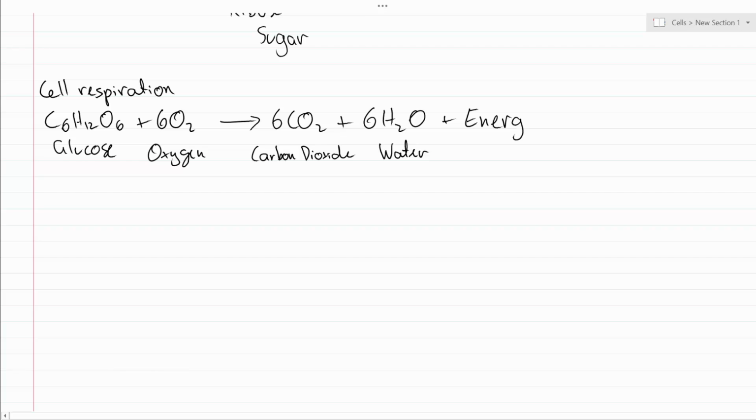So remember, the energy is being released because glucose here is quite a complex molecule with lots of bonds, and those bonds being broken apart is going to create an energy release.